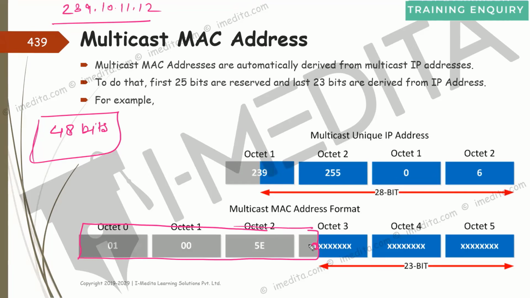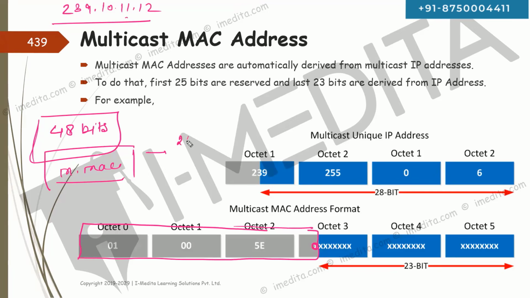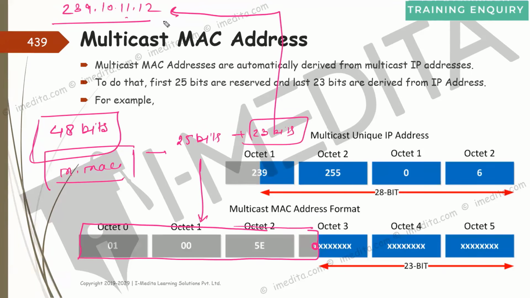In a multicast MAC address derived from the multicast IP address, the first 25 bits will remain exactly the same, and the last 23 bits are derived from the multicast IP.